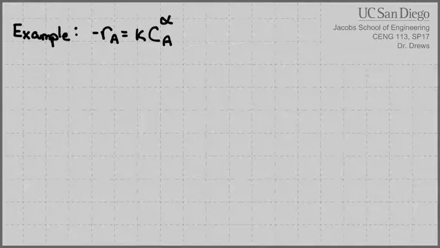So alpha is another unknown that you are going to ask your data to provide to you. You're going to do some sort of a statistical analysis to figure out what is the best combination of k and alpha to reproduce my data. So there are two unknowns here. The first unknown parameter is k, the second unknown parameter is alpha.